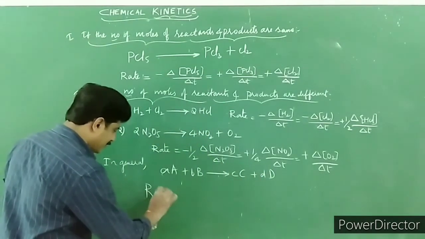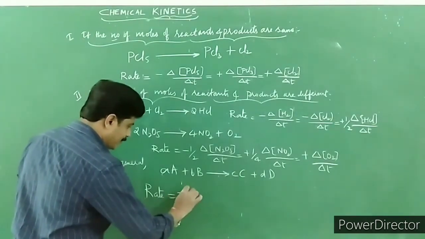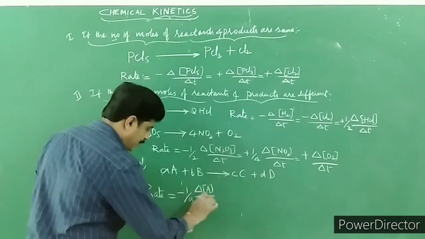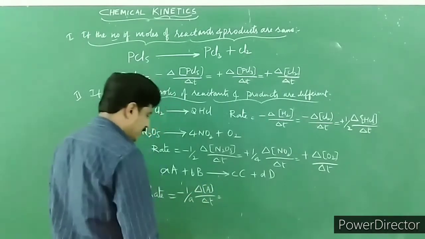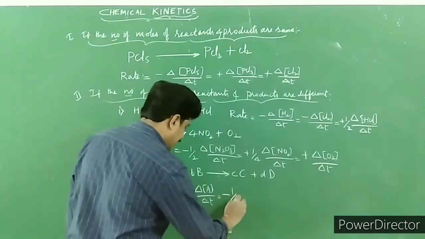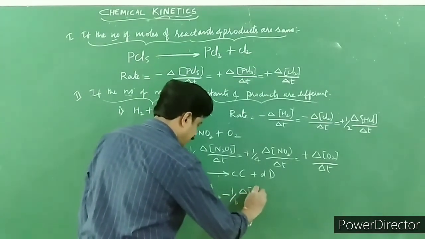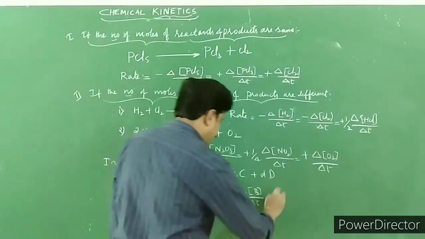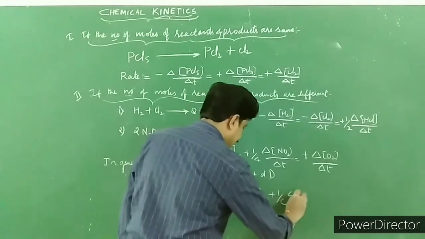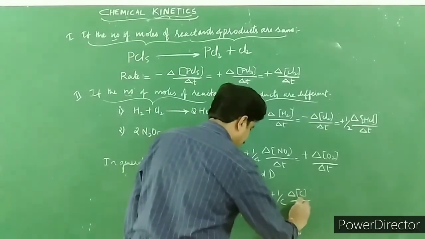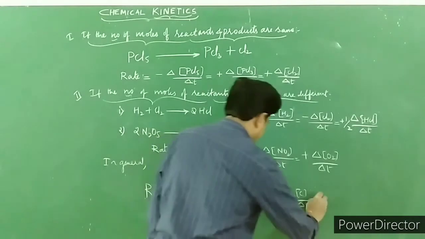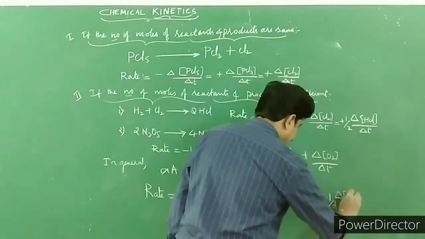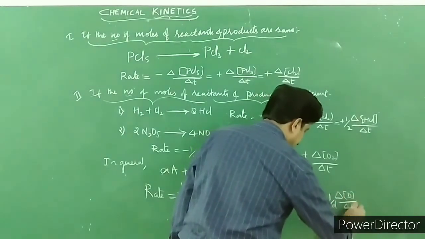A rate is equal to minus 1 by a delta concentration of A upon delta T, that is equal to minus 1 by b delta concentration of B upon delta T, that is equal to plus 1 by c delta concentration of C upon delta T, that is equal to plus 1 by d delta concentration of D upon delta T.